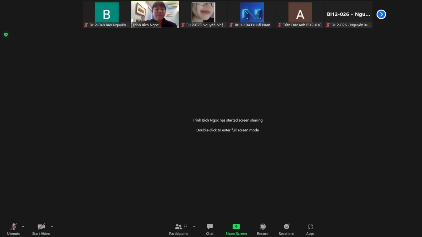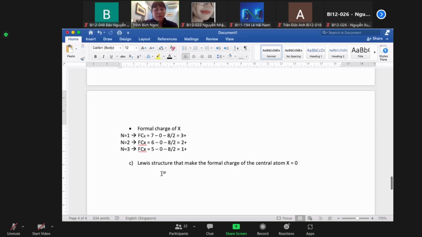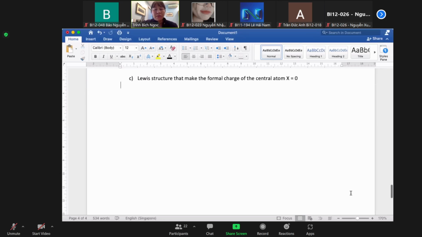Okay, so you will have the Lewis structure that makes the formal charge of the center atom X equal to 0, like this.